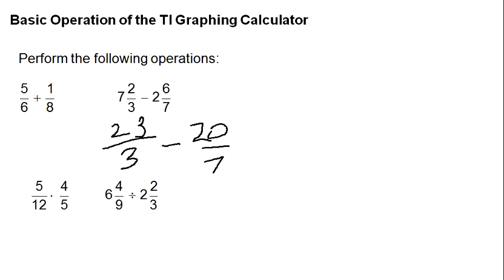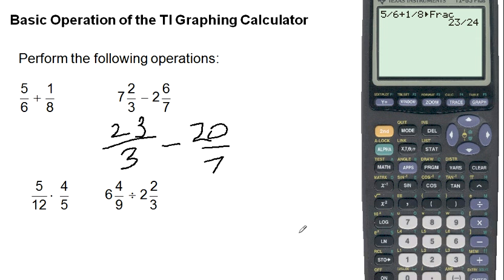Then pull your calculator up and just enter 23 divided by 3 minus 20 divided by 7, and again say Math 1, enter for a fraction answer, and it's 101 over 21.